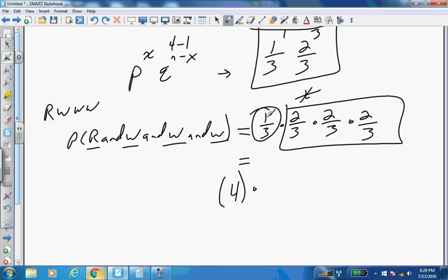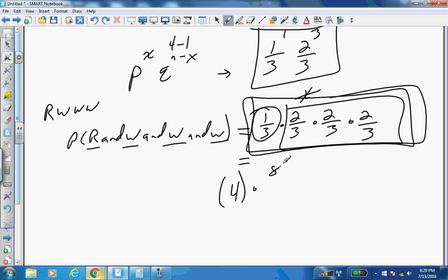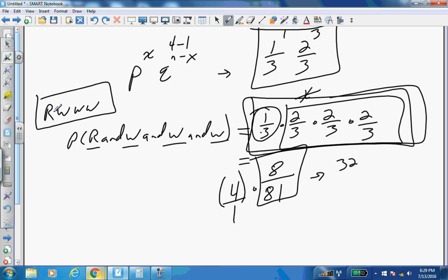So if we multiply this probability of one of those occurring, that's 2 times 2 times 2, so 8 over 3 times 3 times 3 times 3, 8 over 81. So basically 8 over 81 is the probability of getting the first one correct, the other 3 wrong.